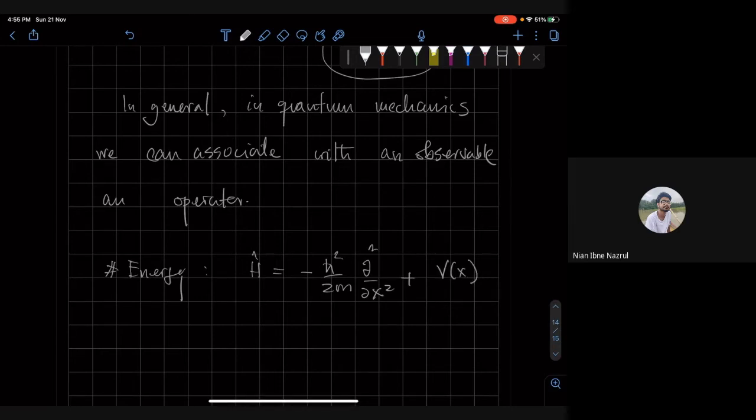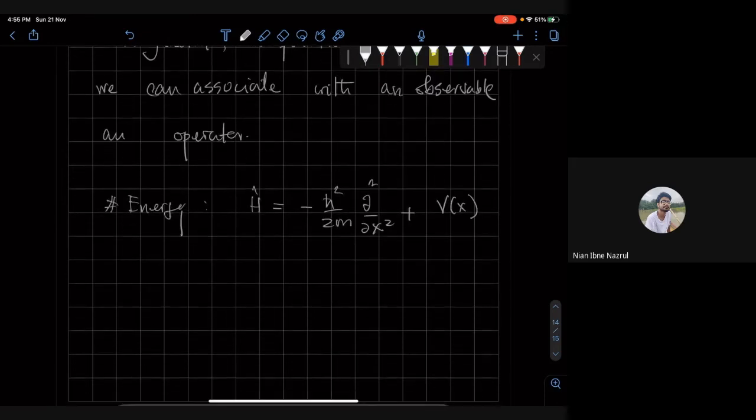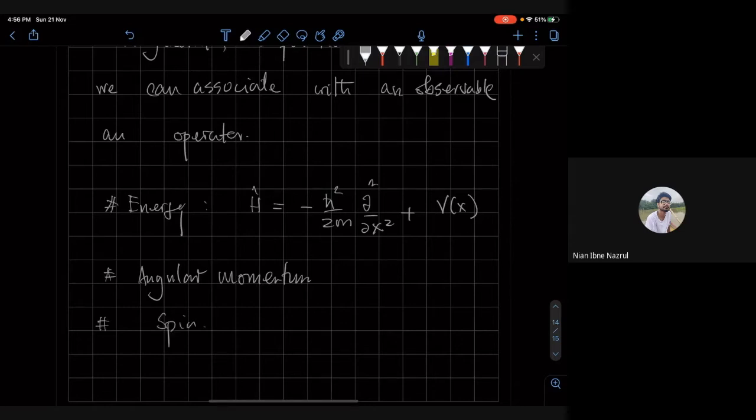Okay? So I think there are other operators one can consider, and we might get to that. One is angular momentum, and then there could be, say, spin. So we will see that in general, these are all operators, okay?